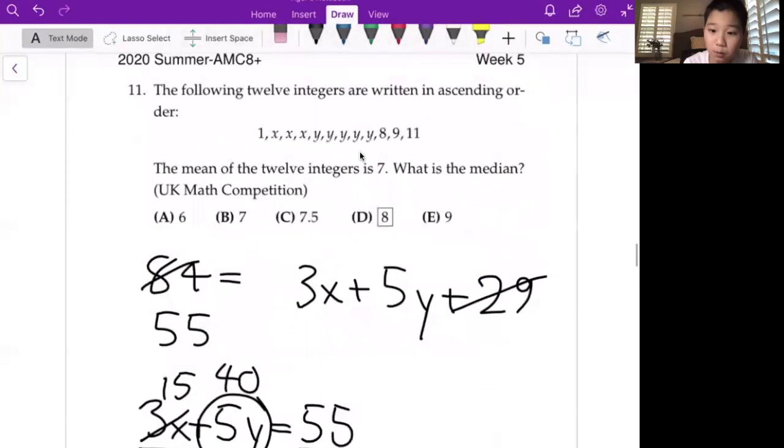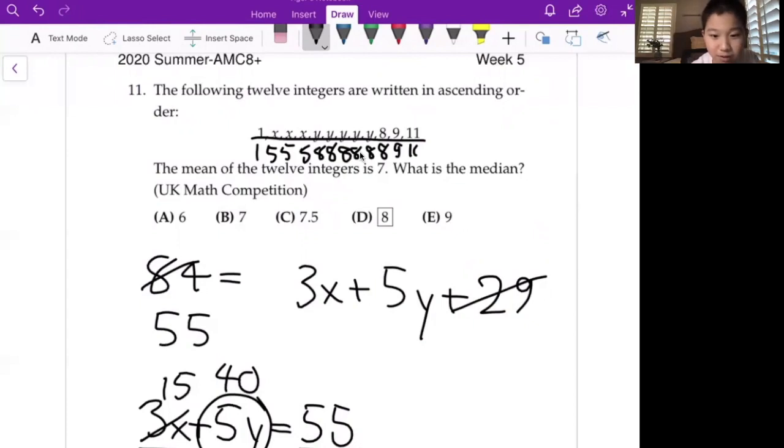So what is the median? Well, let's see. 1. And then there's 5, 5, 5, 8, 8, 8, 8, 8, another 8, 9, and 11. What's the median? Well, there are 12 integers, so the median is the average of the 6th and 7th.